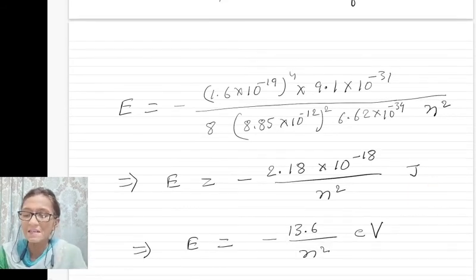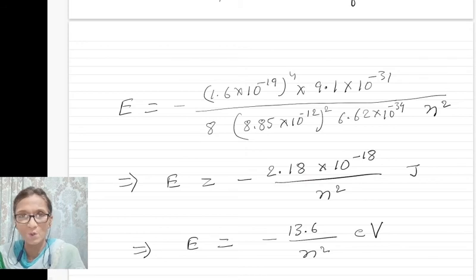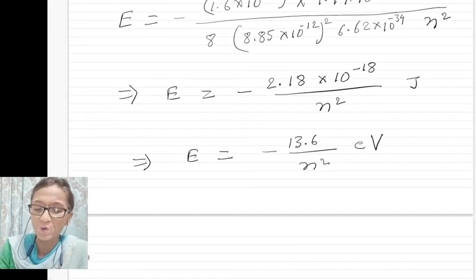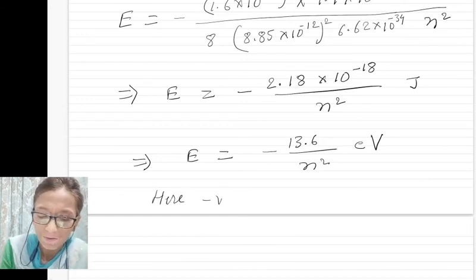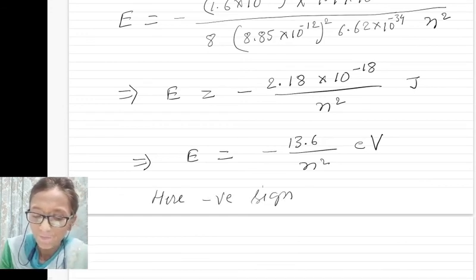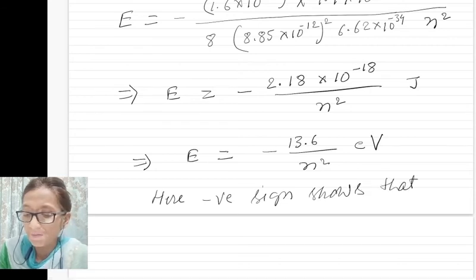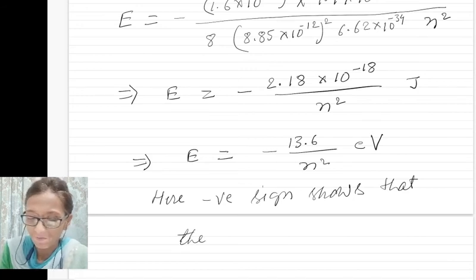It has come in joule, which is equal to minus, total energy is negative, minus 2.18 into 10 power minus 18 divided by n square. And its value in electron volt is equal to minus 13.6 divided by n square. Here the negative sign shows that the force is of attractive nature.